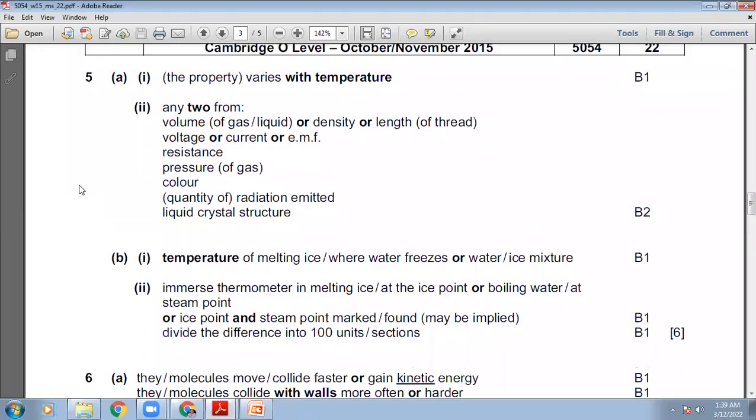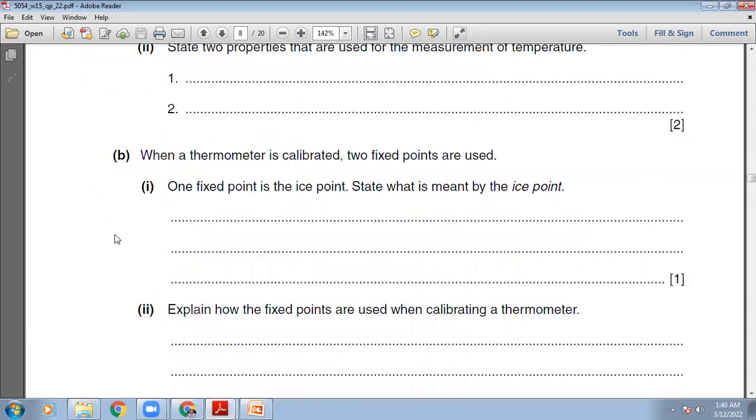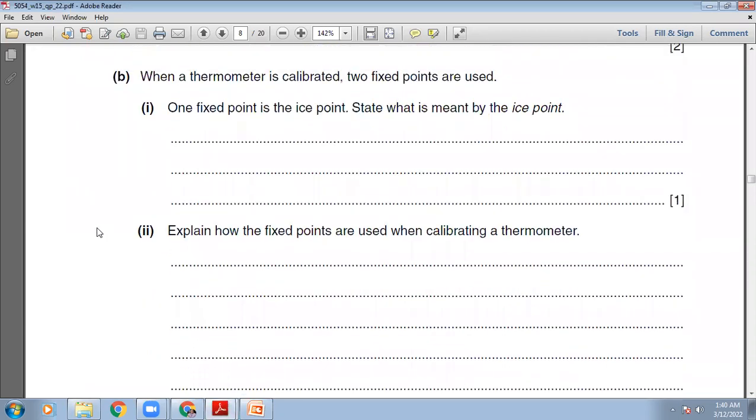So let me show you from the marking scheme. It says any two from the volume of the gas or density or length of a thread of the liquid, voltage or current or EMF, resistance, pressure of gas, color, quantity of radiation emitted, and liquid crystal structure. Okay, so the next part: when a thermometer is calibrated, two fixed points are used.